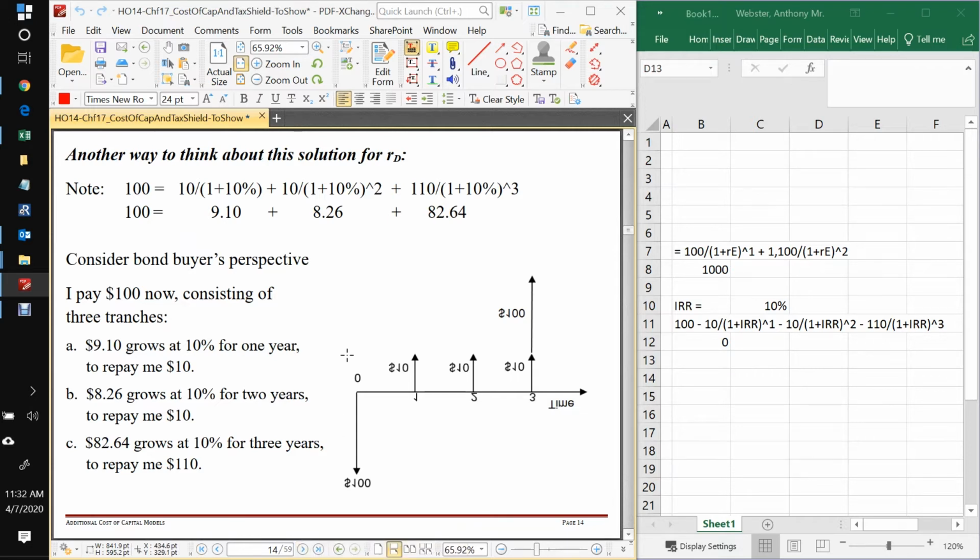Okay, another way to think about this is that the 100 that someone pays for a bond now is equal to 3 tranches of cash, right?